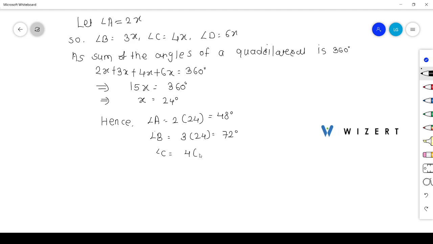Angle C equals 4 into 24, that is 96 degrees. And angle D equals 6 into 24, which means 144 degrees. Hence, angle A equals 48 degrees, angle B equals 72 degrees, angle C equals 96 degrees, and angle D equals 144 degrees.